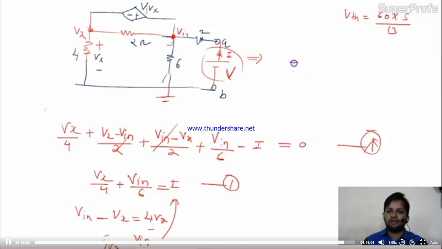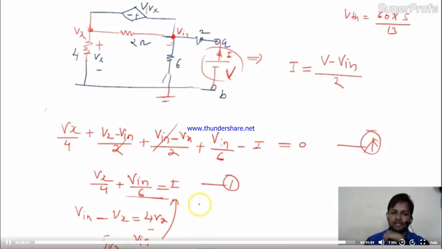See, what is the value of I? This I is nothing but V minus V in divided by 2. Is it okay? So in this equation, I'm replacing Vx first: V in by 20 plus V in by 6 equal to I. See this.